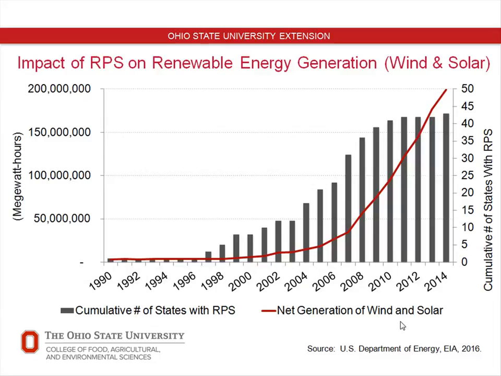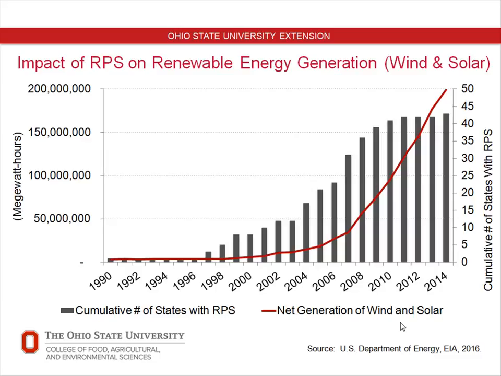So I claimed earlier policy drives development. This is an example of what we've seen from those 41 renewable energy policies at the state level. I'll walk you through this chart. We're looking at two different things. We're charting in red the net electrical generation from wind and solar.